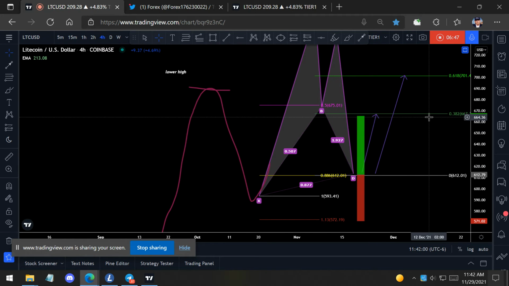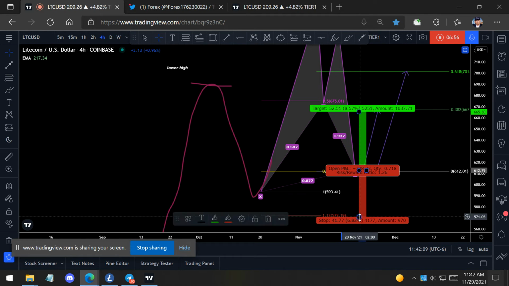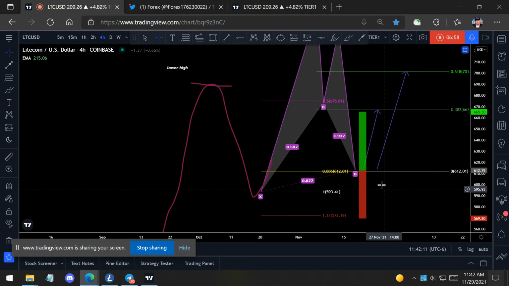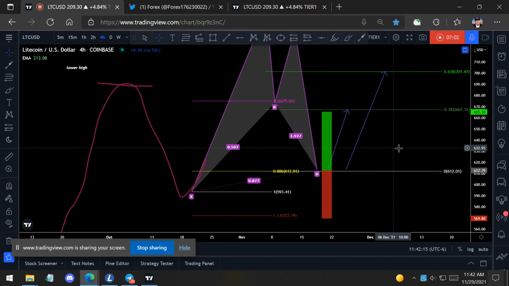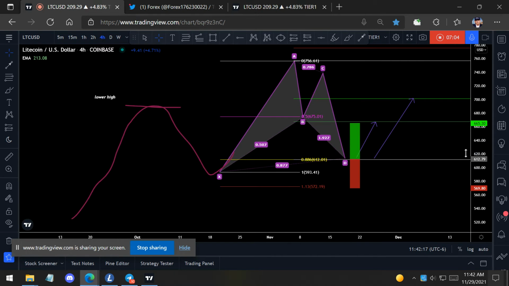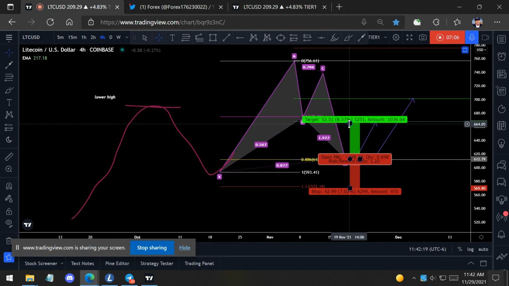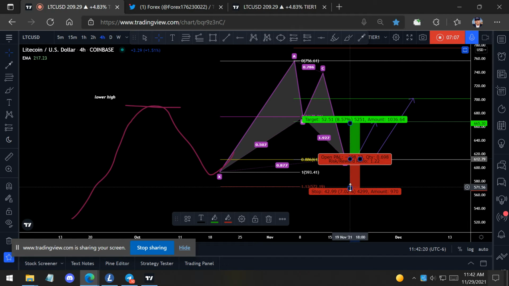Remember, we're going to front run these targets. So they're not going to shoot all the way for 38.2. They're going to front run them just a little bit to give them a little bit of wiggle room. Okay. So that'll give us a little over a 1-to-1 risk reward.